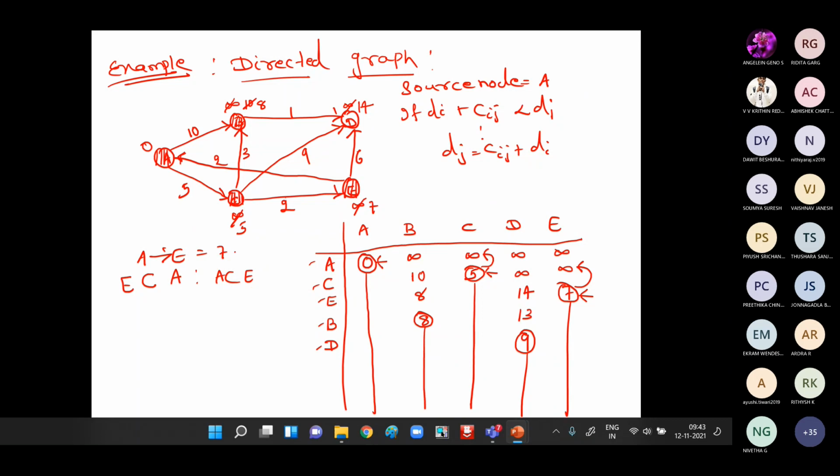Whether it is correct or not, how do you justify this? First A to C value. A to C value how much guys? 5. C to E value is 2. 5 plus 2 is 7. So the answer is shortest path is ACE and the shortest distance cost is 7. That's all. Okay. Got it?